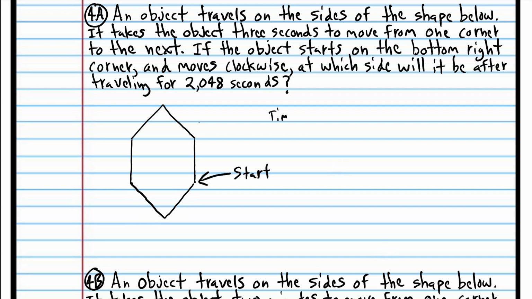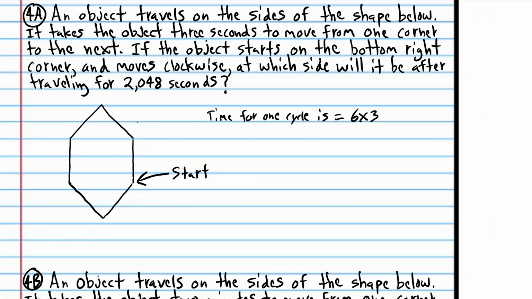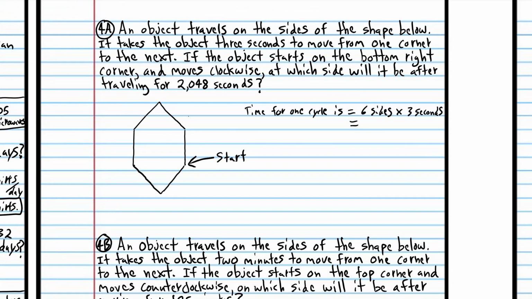So time for one cycle is 6 times 3. Maybe I should label that. Equals 18 seconds. So that's the time for one cycle.